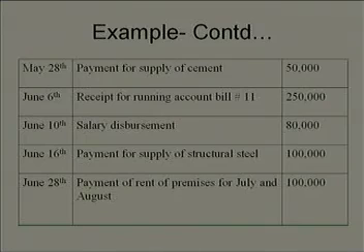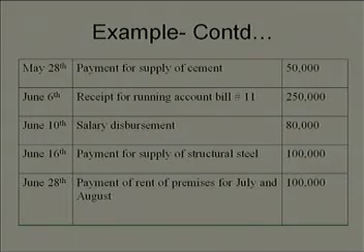Then you have a receipt for running account bill number 11, equivalent to rupees 2,50,000. This is occurring on June 6th. On June 10th, again salary is disbursed, and this time it is rupees 80,000.